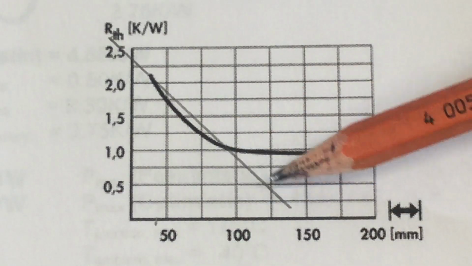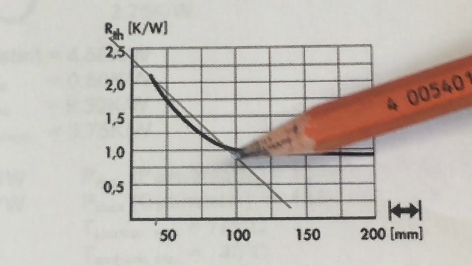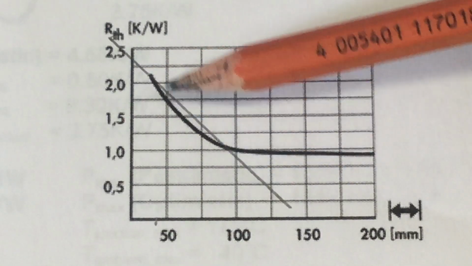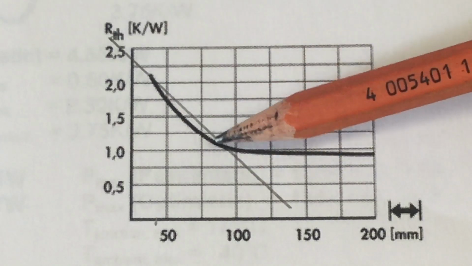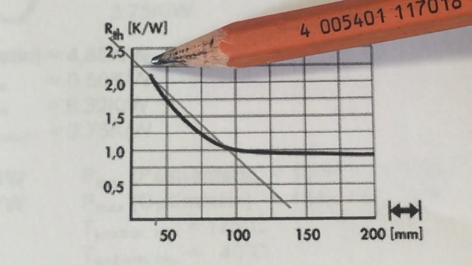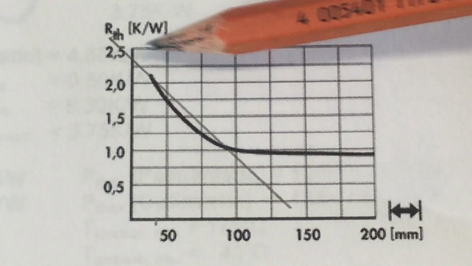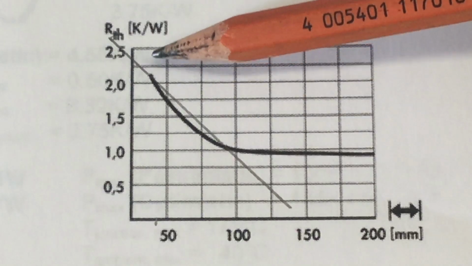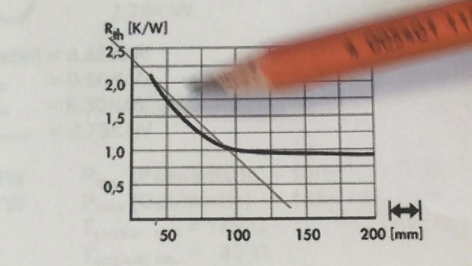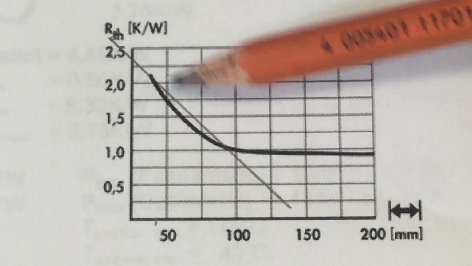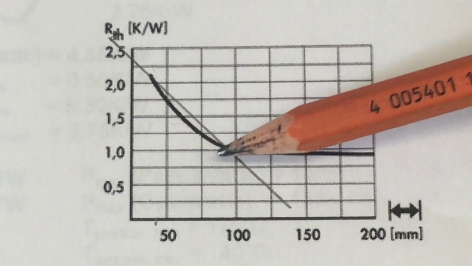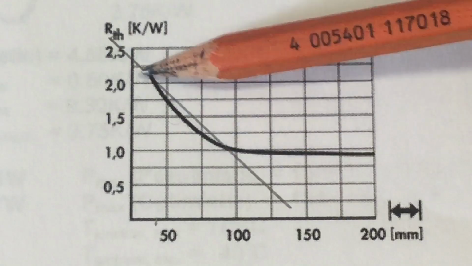You see the thermal resistance in that region, if you shorten the depth, is not increasing in a linear fashion, more in an exponential fashion. So that was my first mistake. I just assumed that the thermal performance would deteriorate linearly, but it does not. I don't know if it's really exponential, but it looks pretty exponential to me.